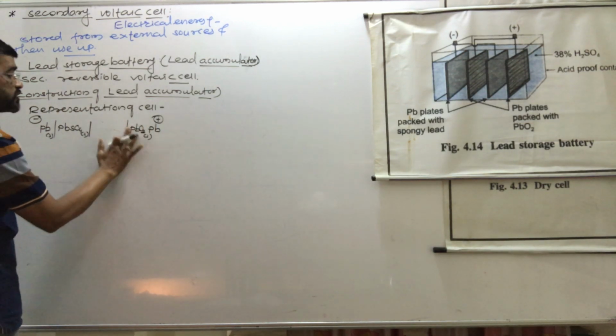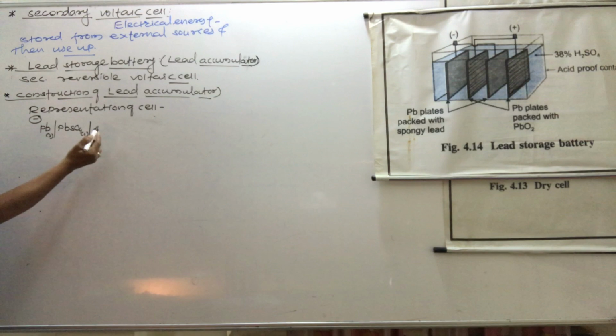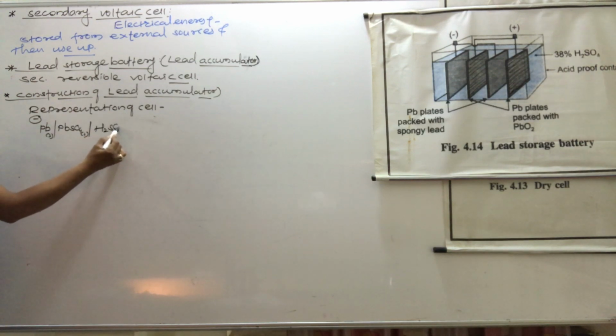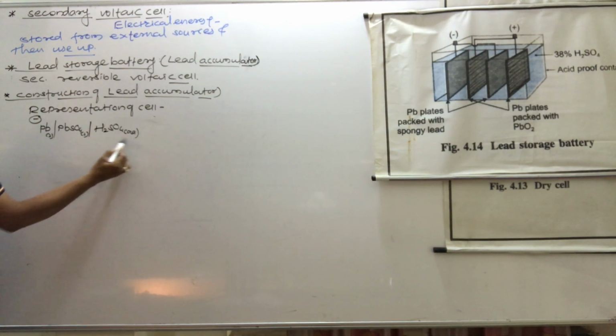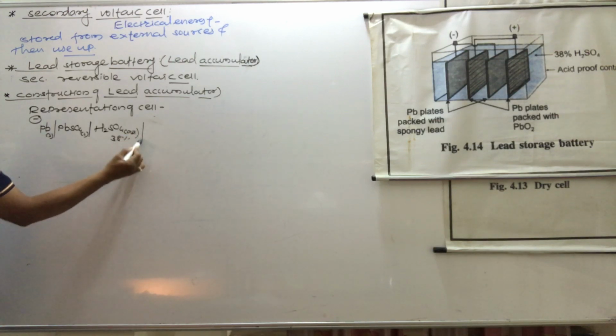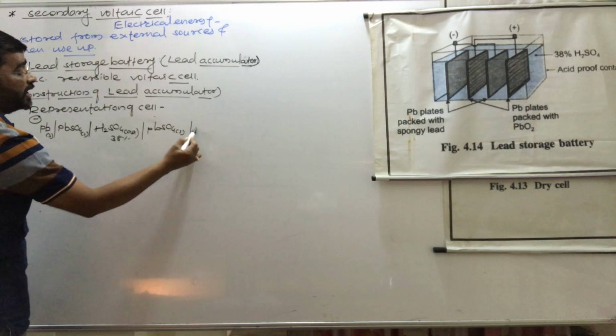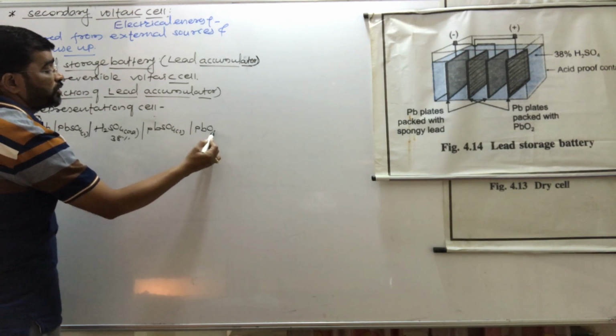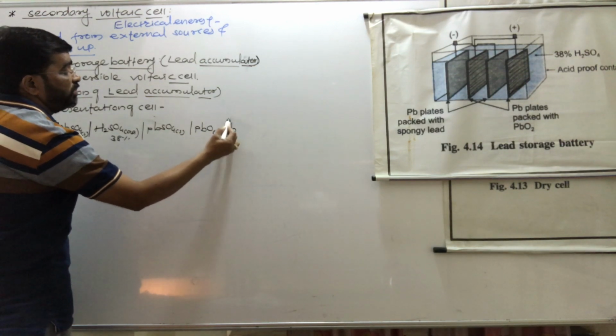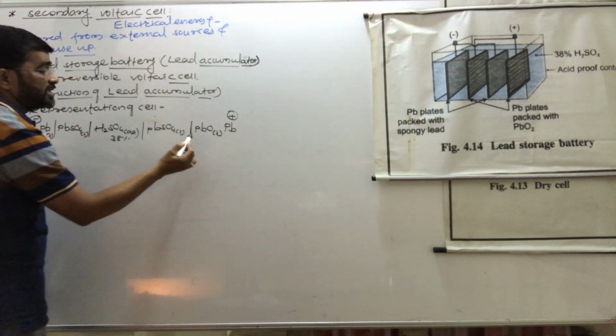H2SO4 aqueous solution, 38%. Here PbSO4 solid, here PbO2 solid and Pb solid, the positively charged electrode.